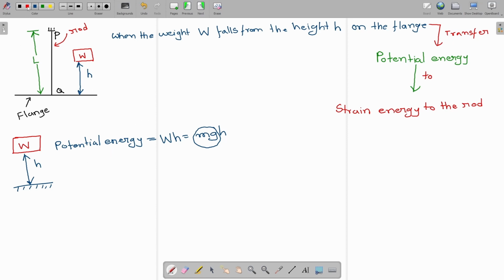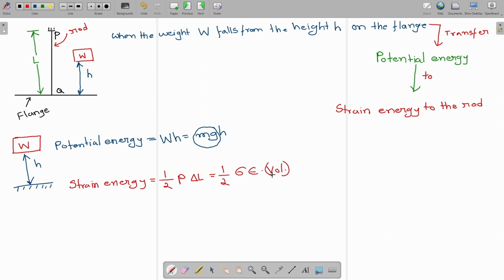Now for the stored strain energy, we can write it as half P into delta L, or we can write it as half sigma epsilon into volume.